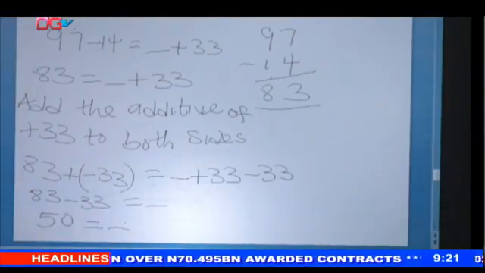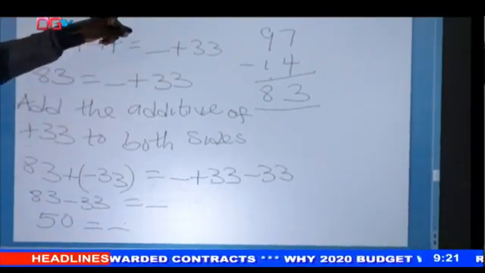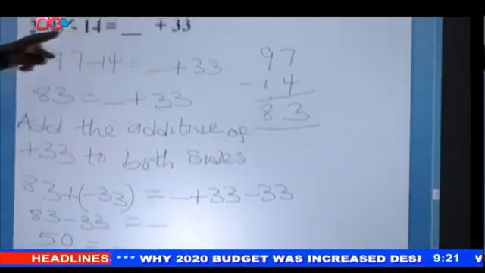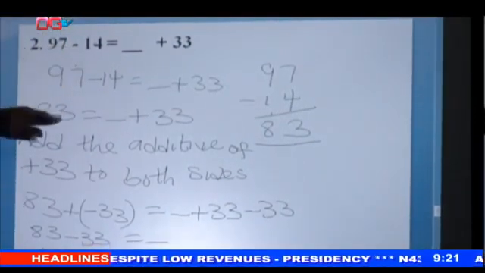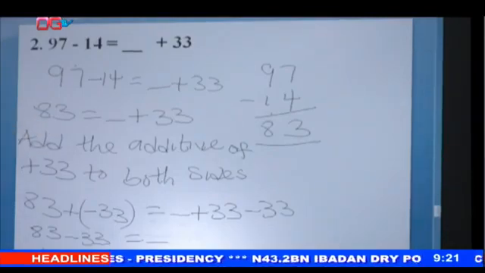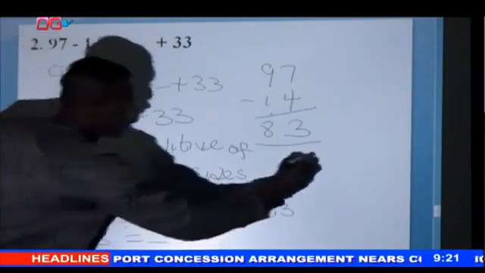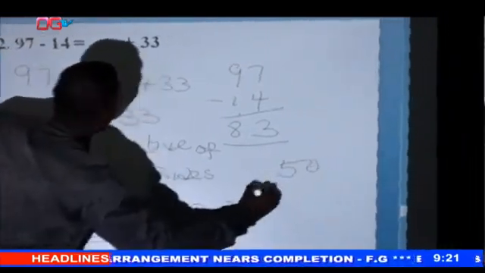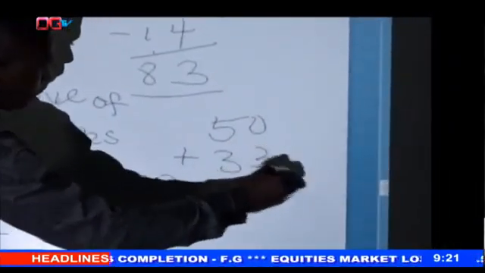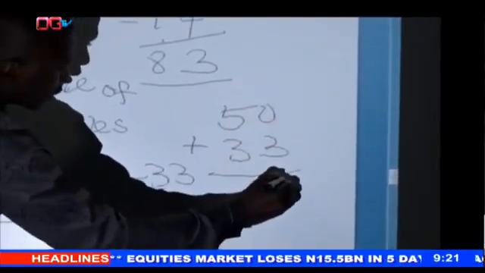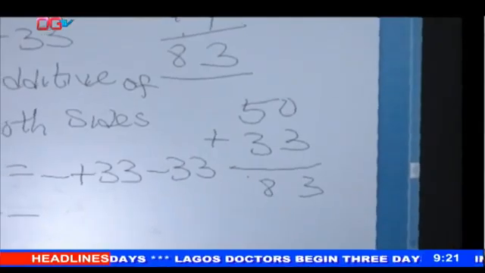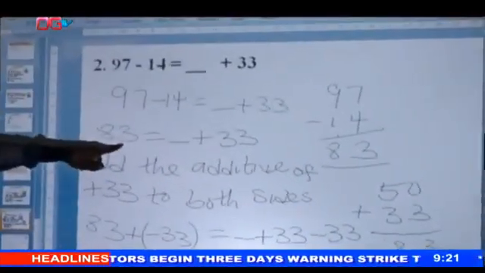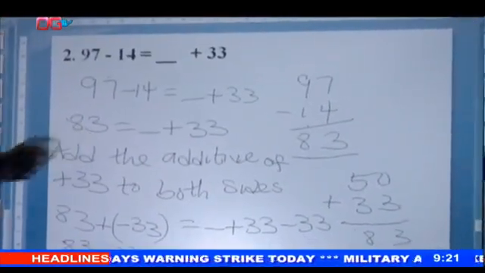So it means if we place 50 here and add it to 33, it will give us 83. So it means the equation is balanced. Let's check. 50 plus 33: 3, 8. Very good. 83. The same as this. Okay?